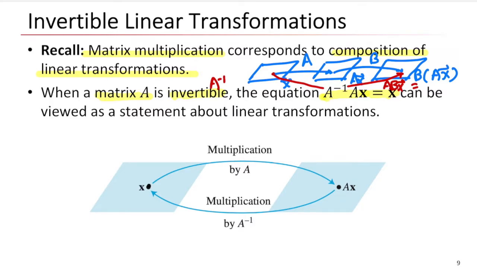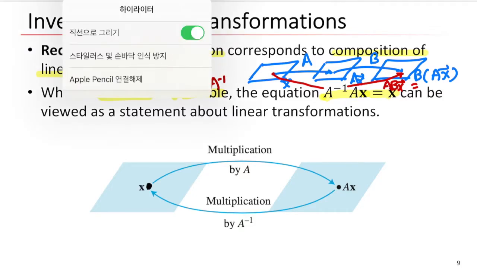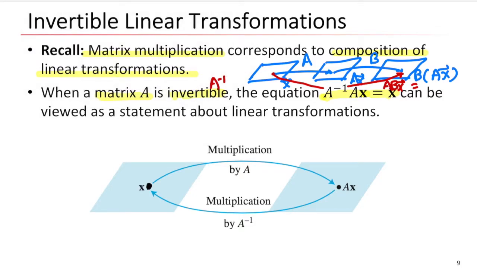Let's start from the vector X, and then by multiplying by some kind of transformation A, we can get AX. Then if we multiply this point by A inverse, it will go back to the original one, right?